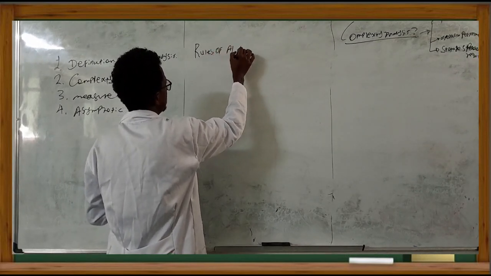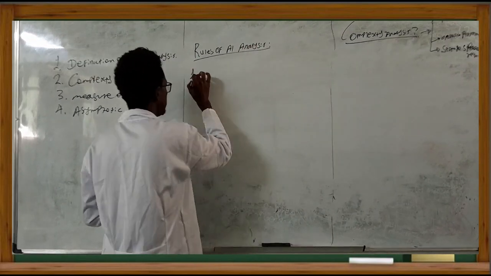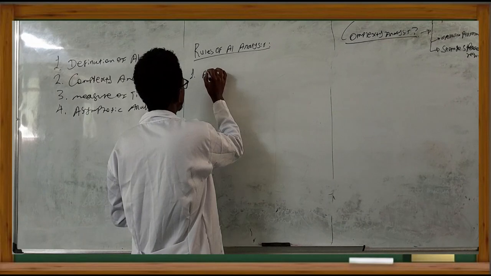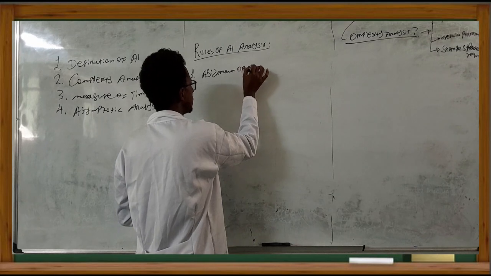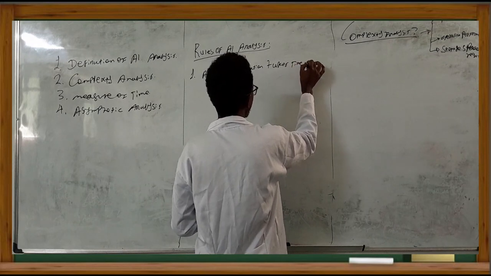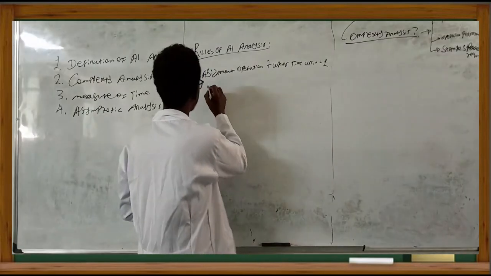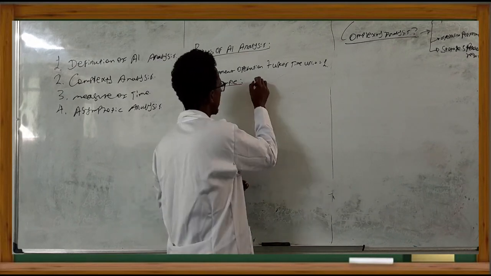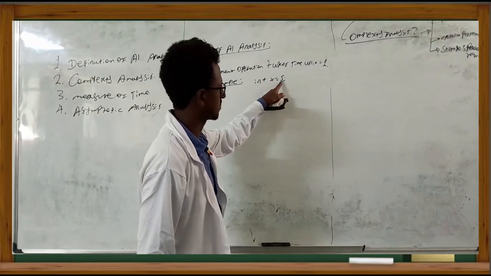The first one, assignment operation takes time unit 1. For example, x = 5 takes time unit 1.